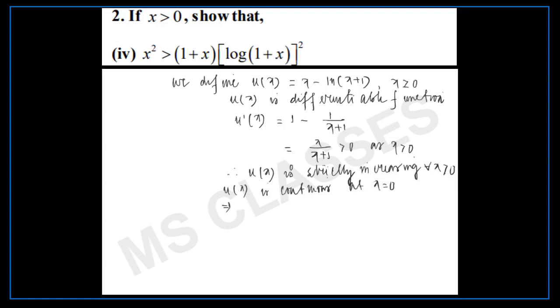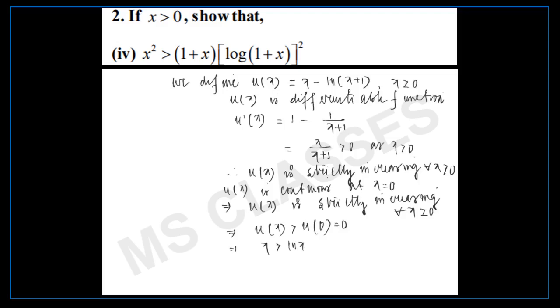This implies u(x) is strictly increasing for all x greater than or equal to 0, and this implies u(x) greater than u(0), which is 0. And this implies x greater than ln x plus 1.